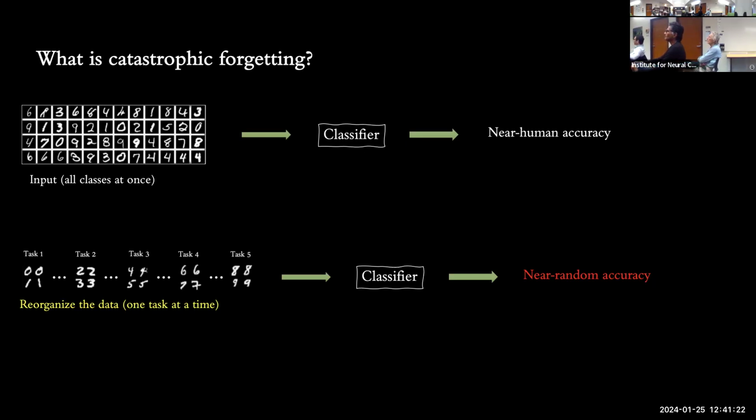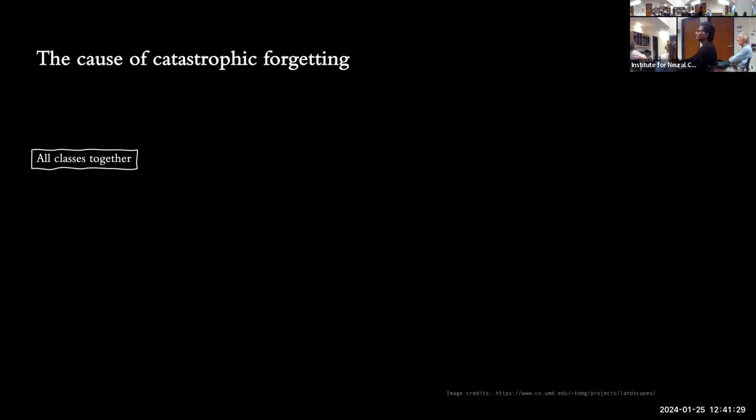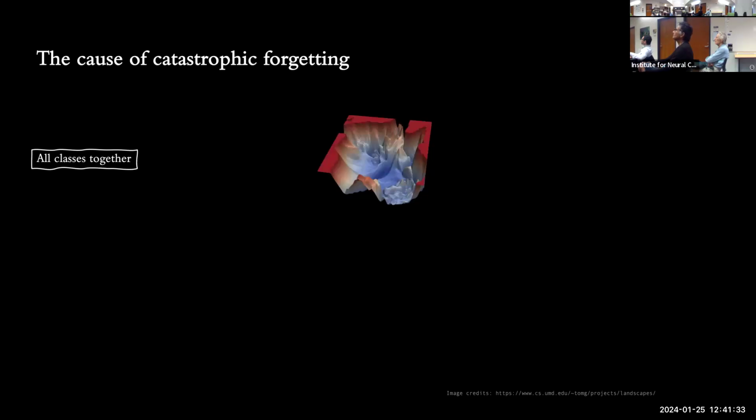And why does this happen? If I put all classes together for training, I will end up with a loss function with a very complex landscape. But as complex as it is, our modern day optimization algorithms are able to find its global minimum fairly easily, and you can get good classification results by optimizing the function.